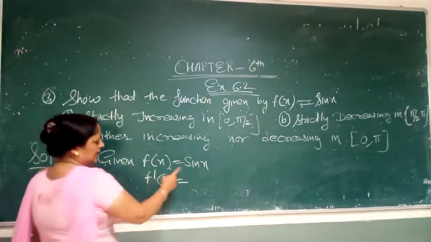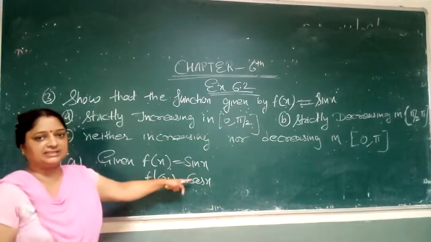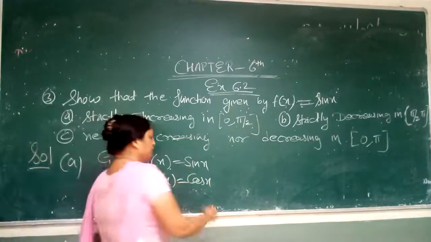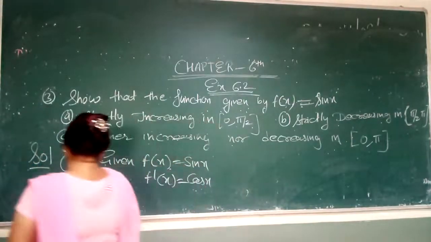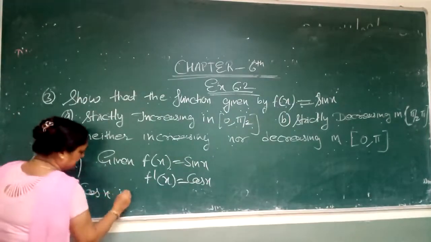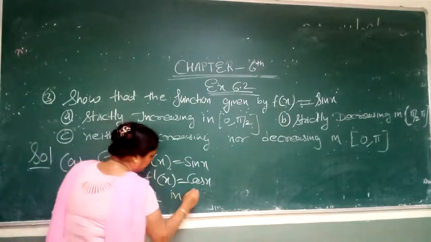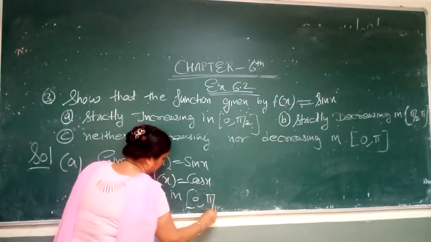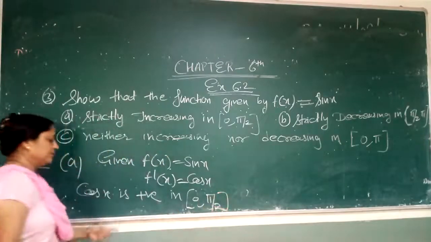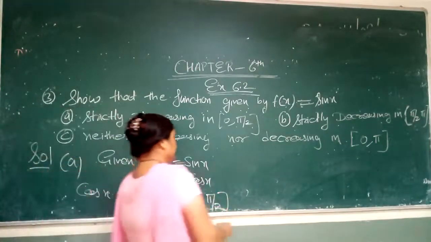f'(x) is cos x, since the derivative of sin x is cos x. Now you know that cos x is positive in the closed interval 0 to pi by 2.